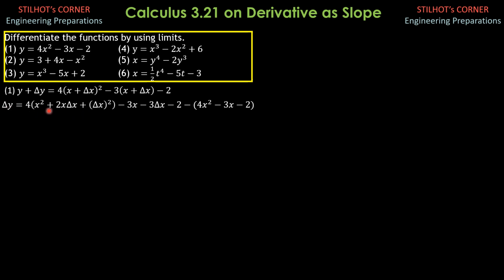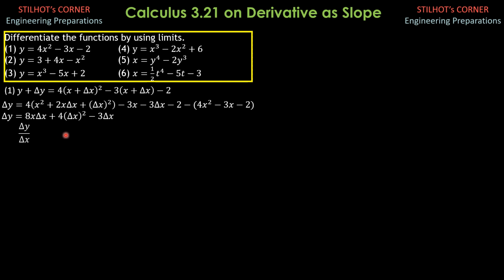Therefore, delta y is, we begin with 4 times 2x, so 8x delta x plus 4 delta x squared, then minus 3 delta x. So that would be the remaining terms after negative 4x squared, positive 3x, and positive 2 are eliminated. Then we divide everything by delta x.